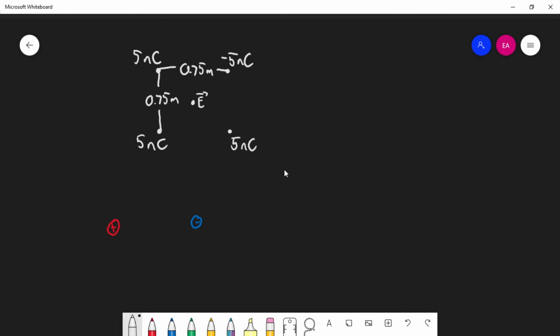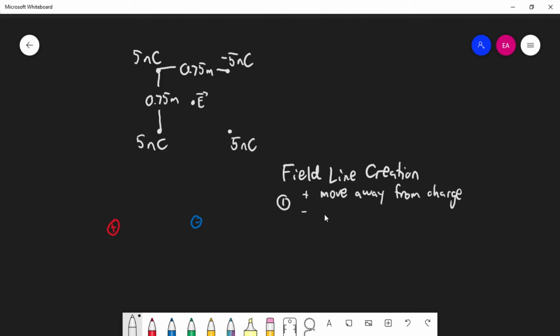There are 3 rules to field line creation. The first rule is that a positive charge's field lines move away from the charge. A negative charge's field lines move toward the charge. The second rule is that field lines never intersect.